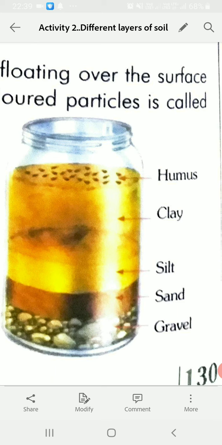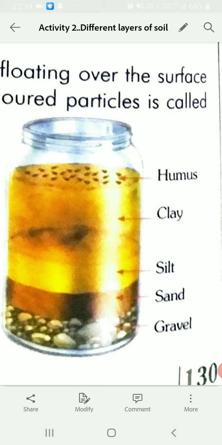Then you will see the different layers, which are formed on the basis of their particle size. Here you can see that the lowest is gravel, and the second layer is sand, because the sand particles are bigger than the silt, but smaller than the gravel.